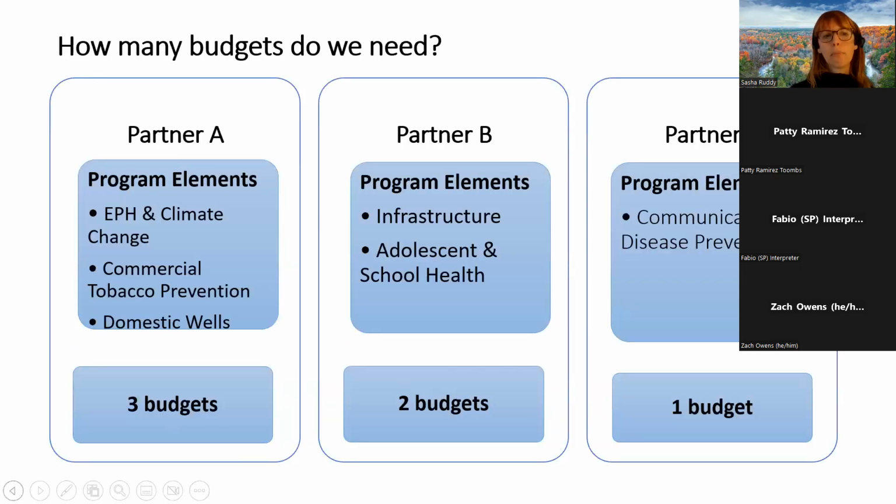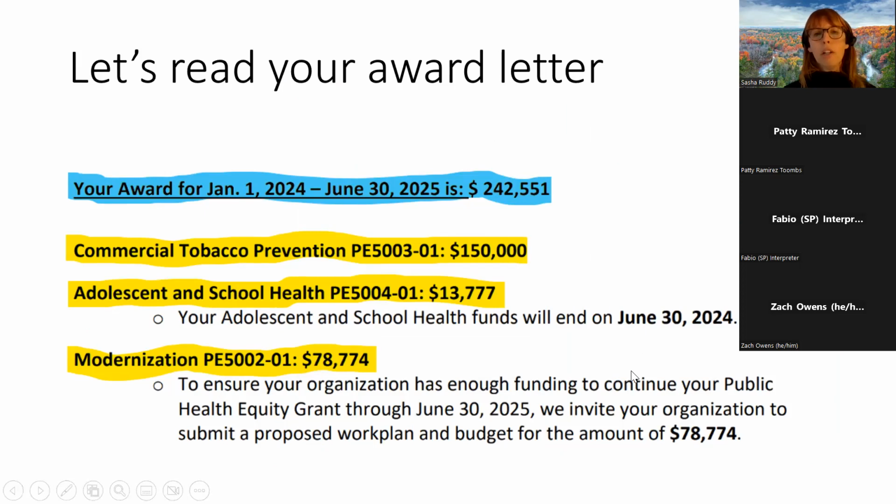Actually, we're going to go back because we'll talk about that just a little bit more. So these three award program element amounts, we need to see three different budgets. We need to see a program budget that's designated to commercial tobacco, a budget for adolescent and school health, and a modernization budget for each separate amount.